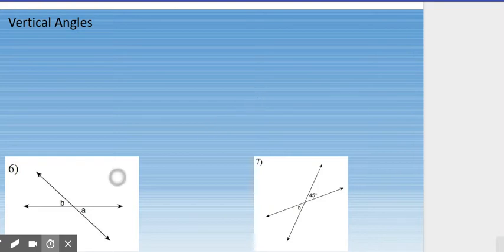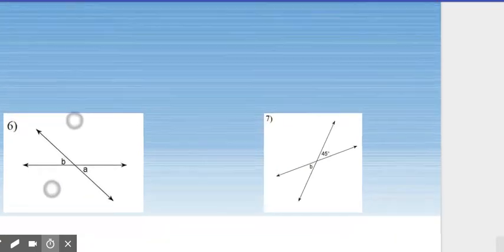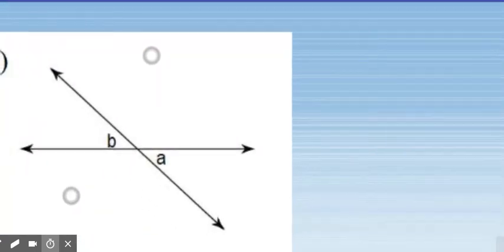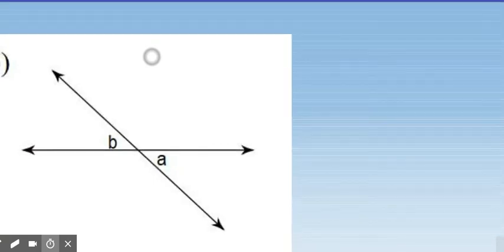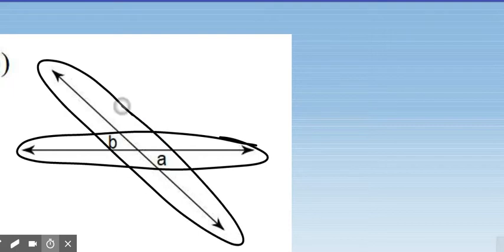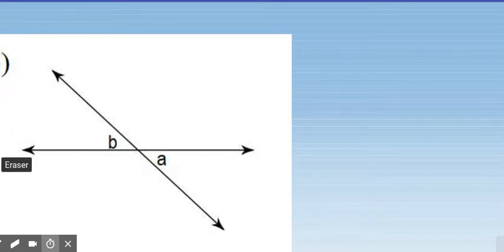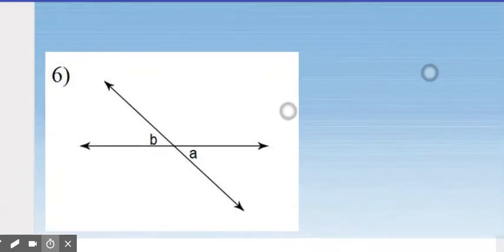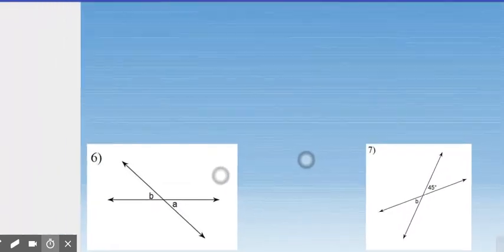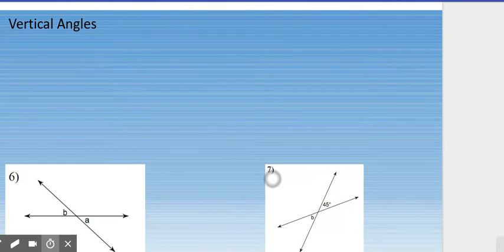So notice when you look at this particular example, when we're talking vertical angles, we have two lines that cross each other, that intersect. Okay, that's the situation that this is going to be formed in. And the vertical angles are the ones that are opposite each other. Okay, so they're the opposite angles that are formed when two lines cross.